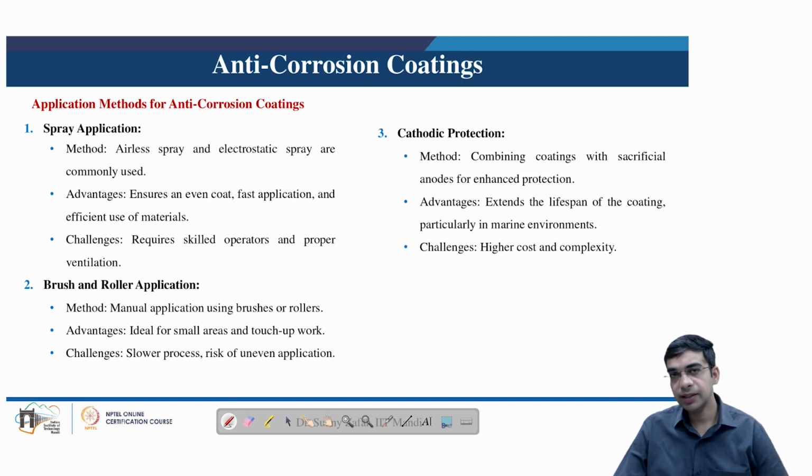The third method is cathodic protection, where a combination of coating with a sacrificial anode is used for enhanced protection. This leads to an enhanced lifespan of the coating, particularly in marine environments, and the method has challenges such as high cost and complexity.